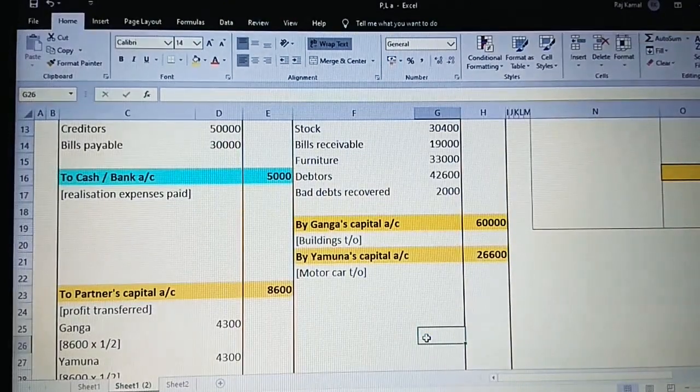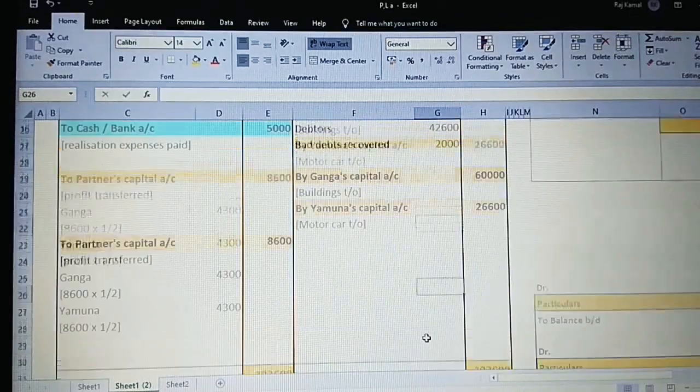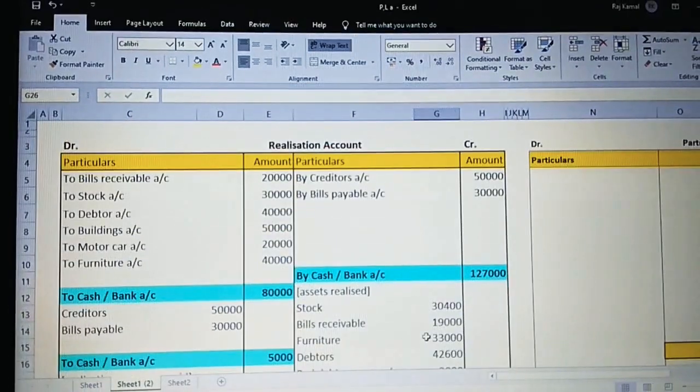Yes, we have completed the realization account. Now let us move on to partners capital account.